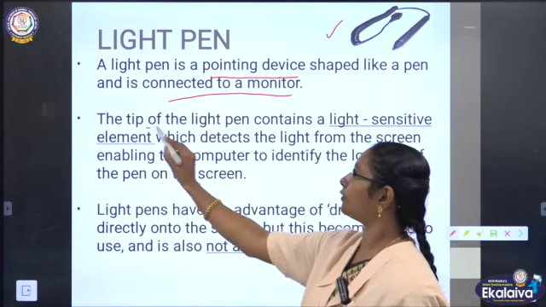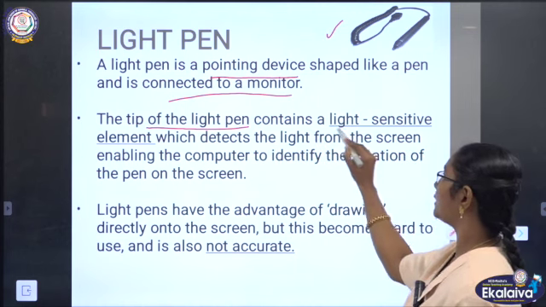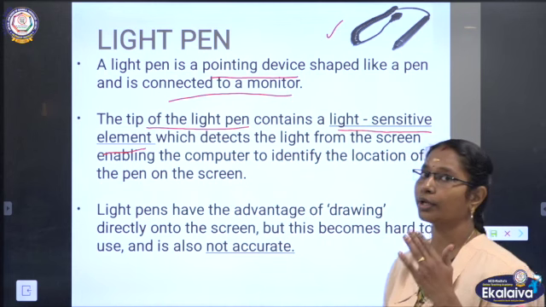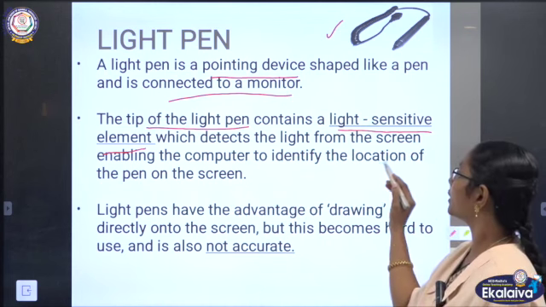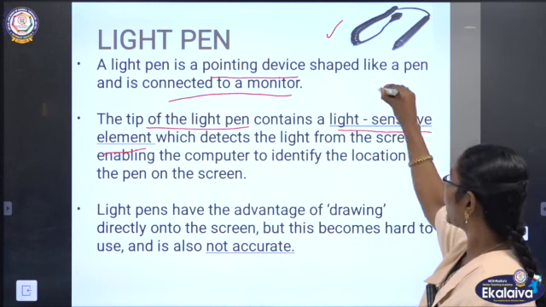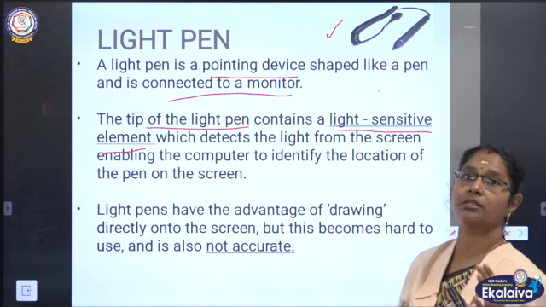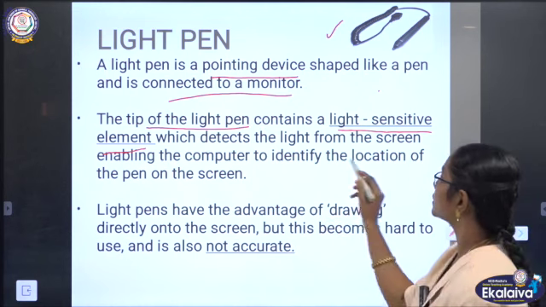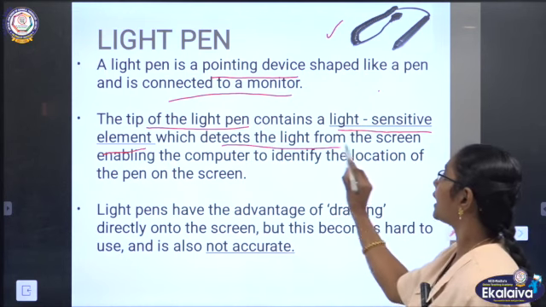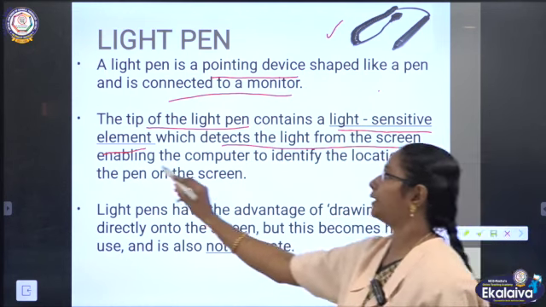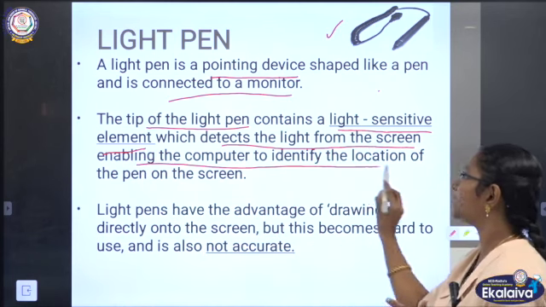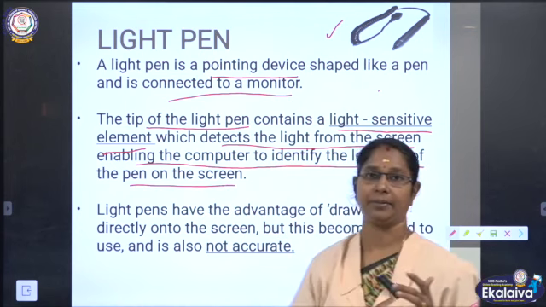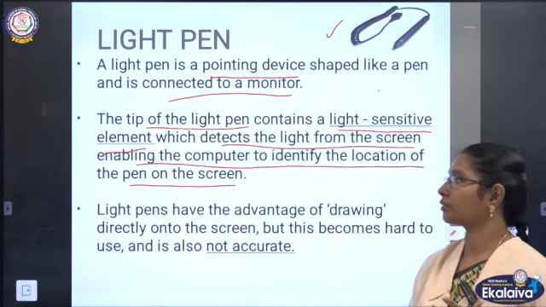The tip of the light pen contains a light sensitive element. If we are pointing, this point is going to be detected by the computer. It detects the light from the screen, enabling the computer to identify the location of the pen where you kept it on the screen.